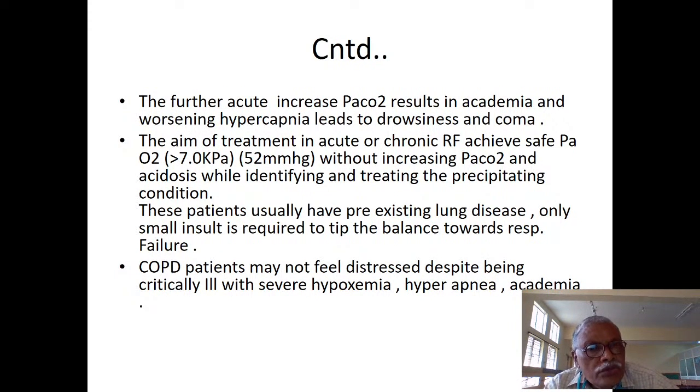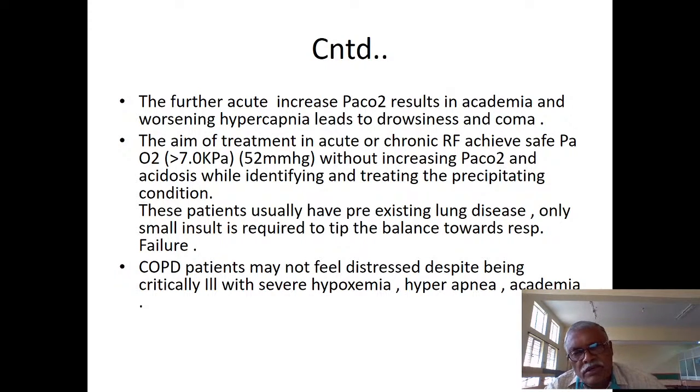The further acute increase in the partial pressure of carbon dioxide results in acidemia and worsening hypercapnia, and leads to drowsiness, confusion and coma.